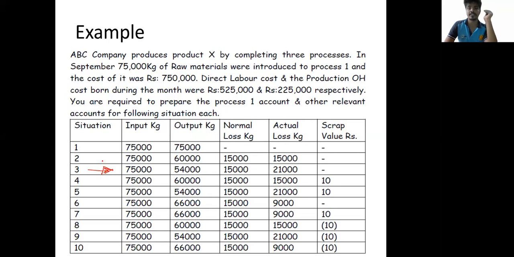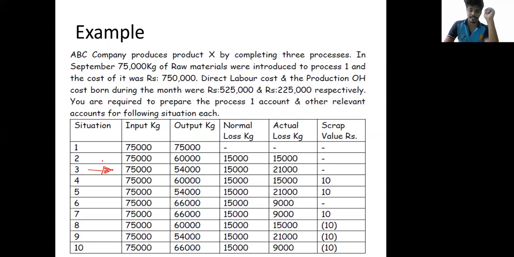Normal loss 15,000, actual loss is 21,000. That means actual loss is greater than the normal loss. So 21,000. That means there is an abnormal loss.